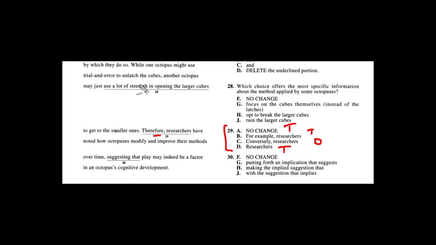All right. So what I do, I come over here, I look at the sentence. While the octopus might use trial and error, some of them might opt to break the larger cubes to get to the small one, okay? Talking about octopuses and cubes, okay? And then it says blank have noted how octopuses modify and improve the method over time, okay?